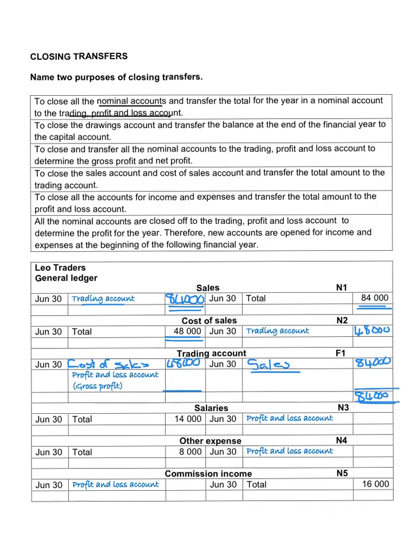Then the total on the debit side must also be 84,000, and we will work out the balancing figure subtracting the debit side from the credit side, and that will give us a total of 36,000. And that 36,000 will be transferred to the profit and loss account.